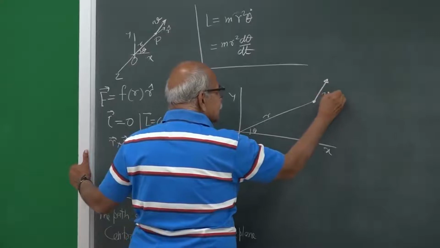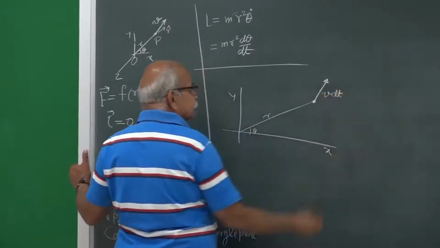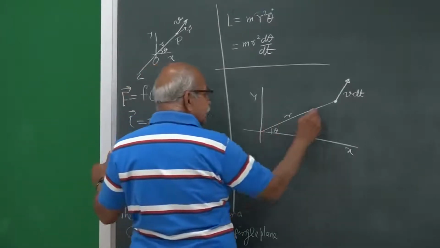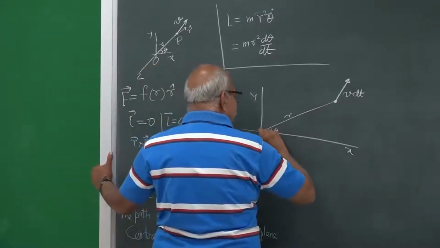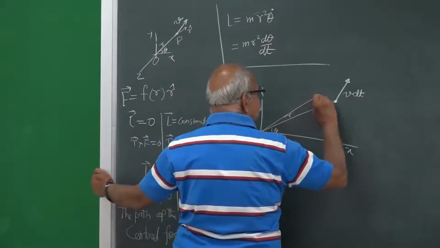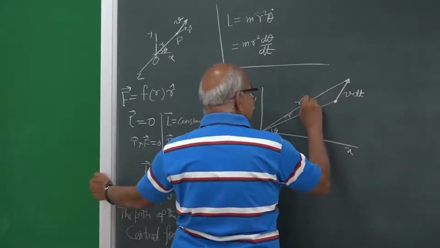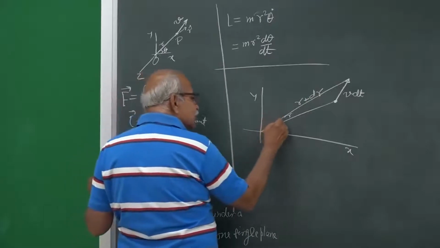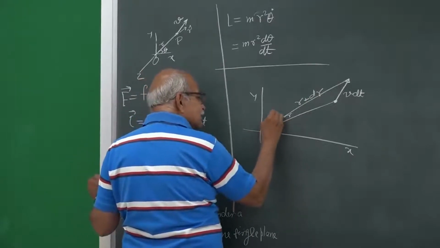So, this distance is v dt, and this angle is theta. This distance from here to the new position is r plus dr, and the new angle is theta plus d theta. So, this angle is d theta.